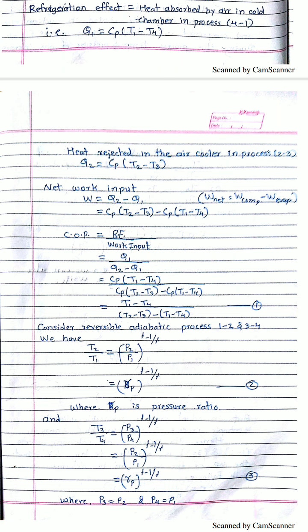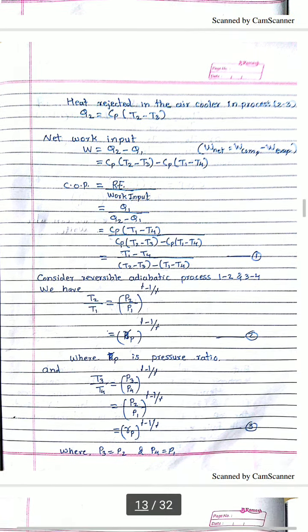This P2 upon P1 is called the pressure ratio, denoted by Rp. Please remember: T2 upon T1 is equal to Rp raised to gamma minus 1 upon gamma.